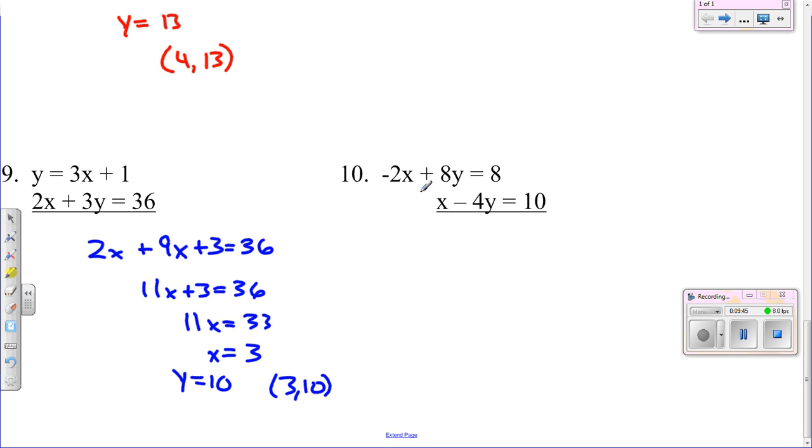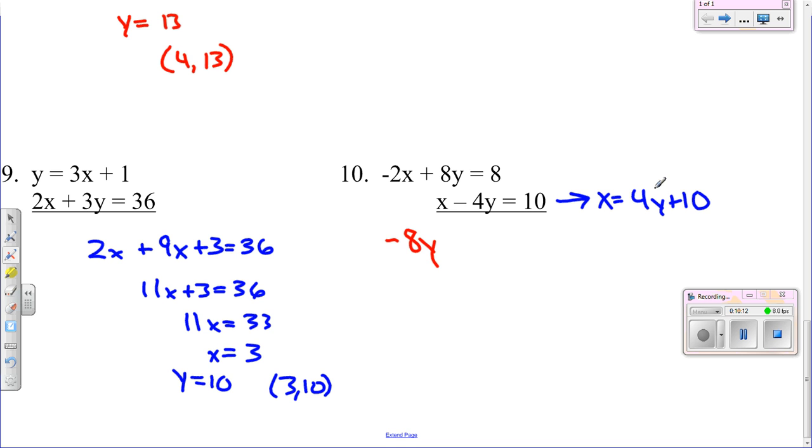Number 10, we're going to combine these, but we're going to have to get the x by itself first. So you add the 4y to the other side. X equals 4y plus 10. Now take the 4y plus 10 and plug it in up here. So negative 2 times 4y gives me negative 8y.